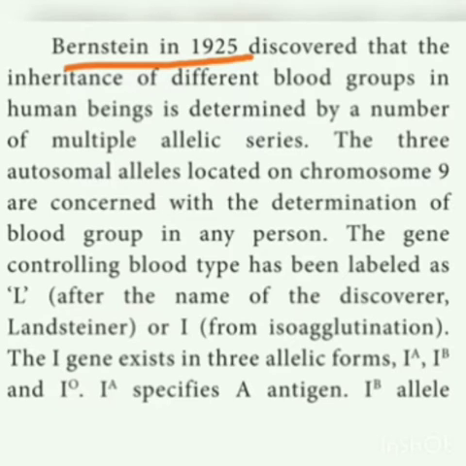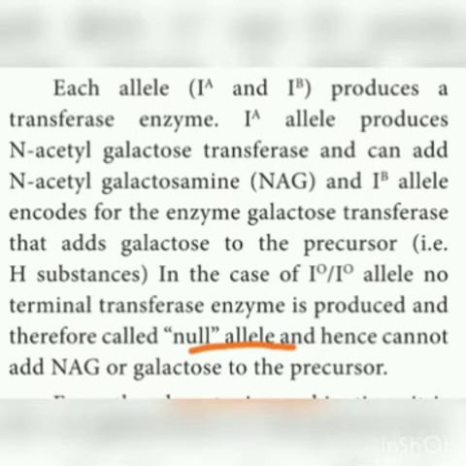These blood groups can be designated by I, also by L. Each allele produces different types of enzymes. IA and IB produce different types of enzymes. The IA allele produces N-acetyl galactosamine transferase, and the IB allele produces an enzyme called galactose transferase.